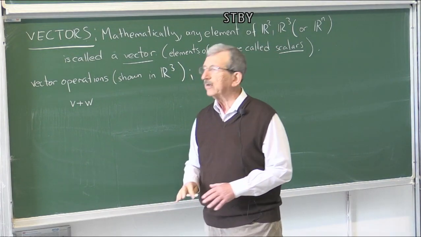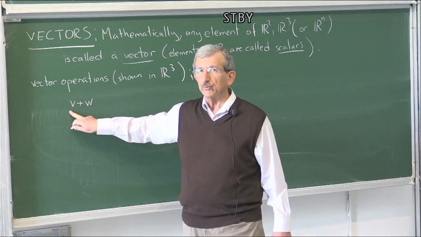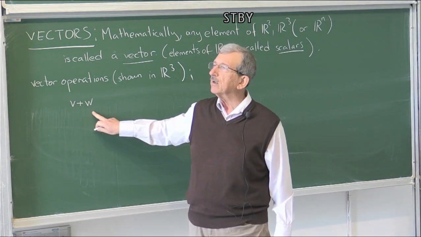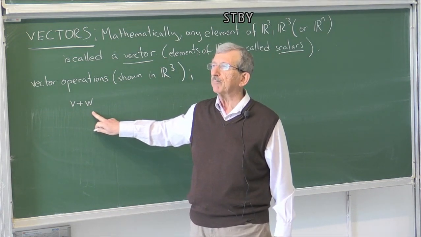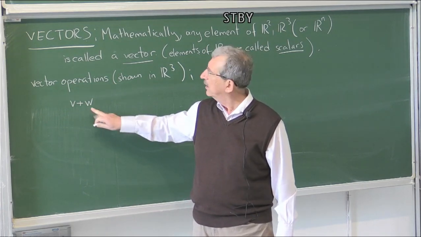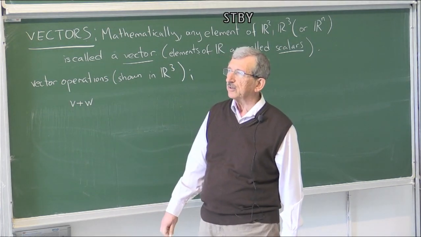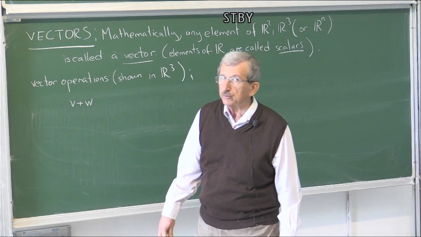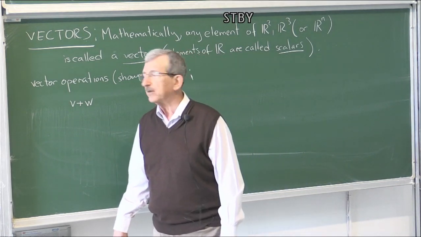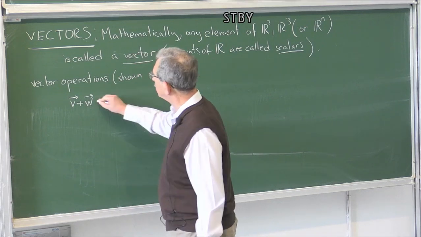One comment here: in mathematics, we usually don't put arrows on top of them. Sometimes they are shown in bold letters, but whenever it's understood, it's fine. So I may be forgetting arrows now and then. Actually, I will choose not to use arrows all the time, but it will be understood. But here I will put them as an indication.